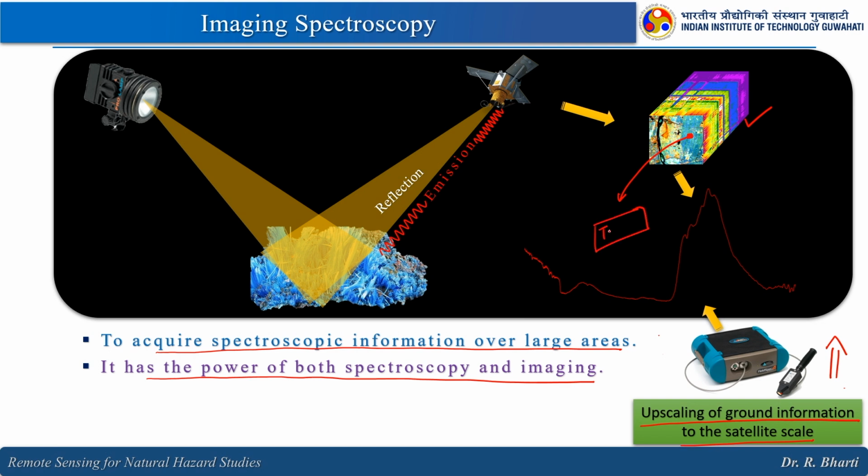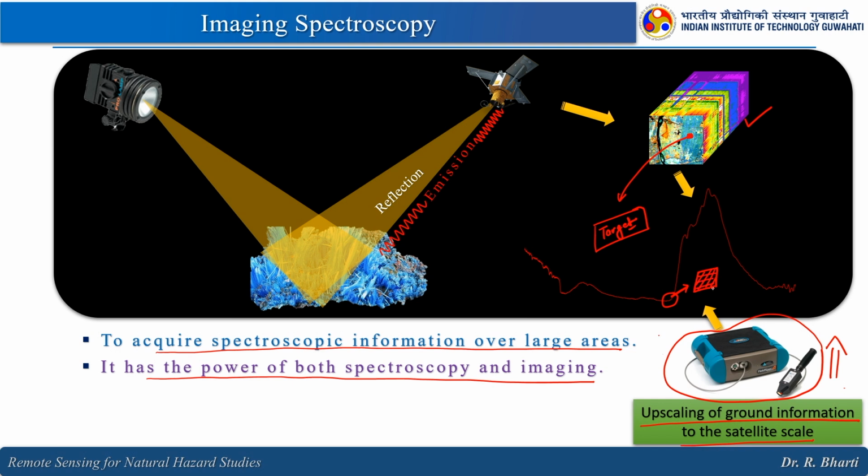So, in that case what we do is, we have to rely on this kind of ground measurement. This instrument, we take it to the field and then we measure the spectra, and we consider this is the pure spectra of that particular target, right, which we covered in the field.